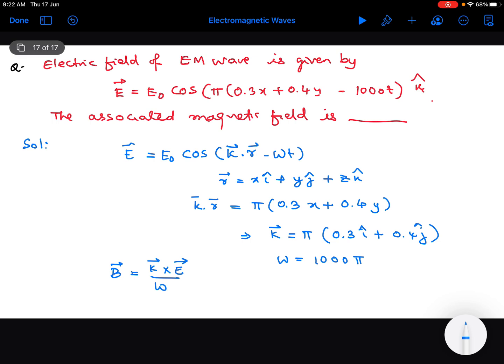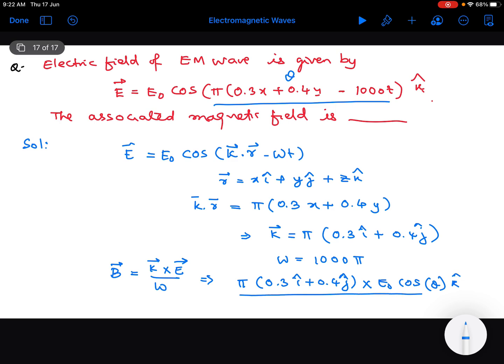So we substitute: k bar is pi times (0.3 i cap plus 0.4 j cap) cross E naught cos theta into k cap, by omega, so that we get B bar.